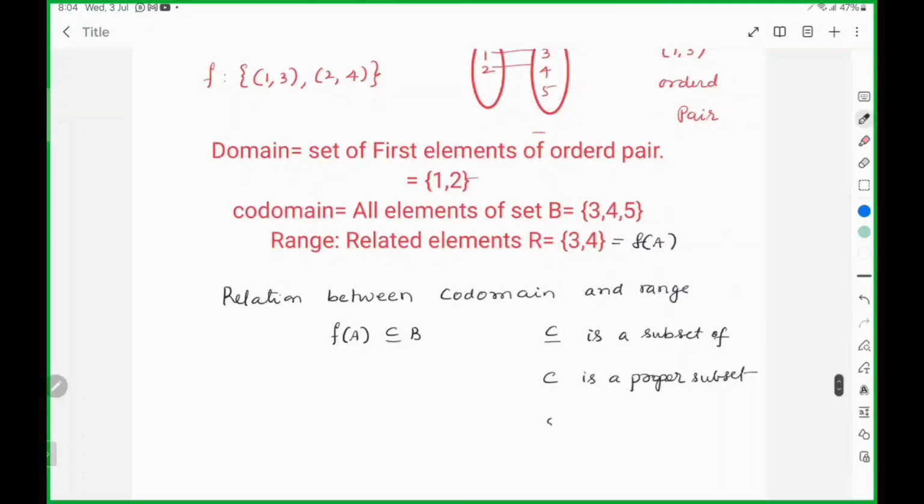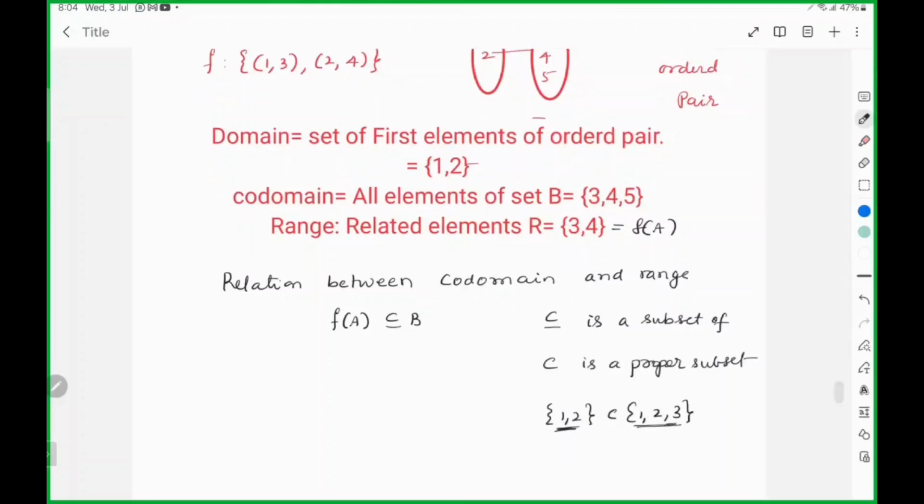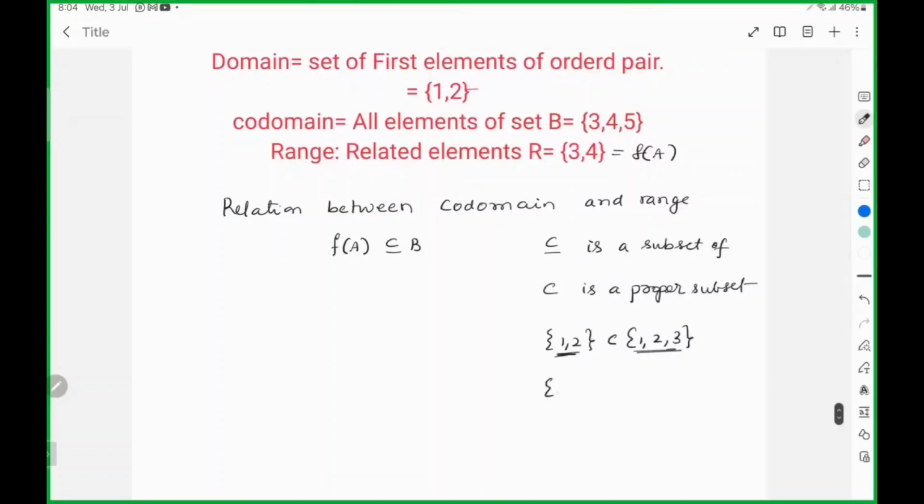Suppose I take 1, 2, it is a proper subset of 1 to 3. So the number of elements must be strictly less. 1 to 3 is a subset of 1 to 3. So proper means strictly fewer elements must be there. Subset means fewer or equal.